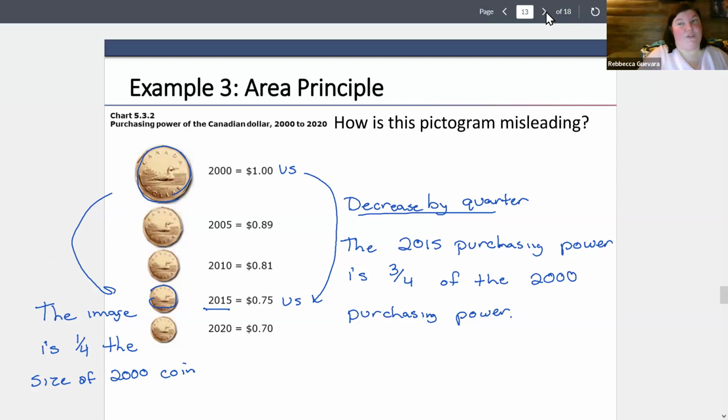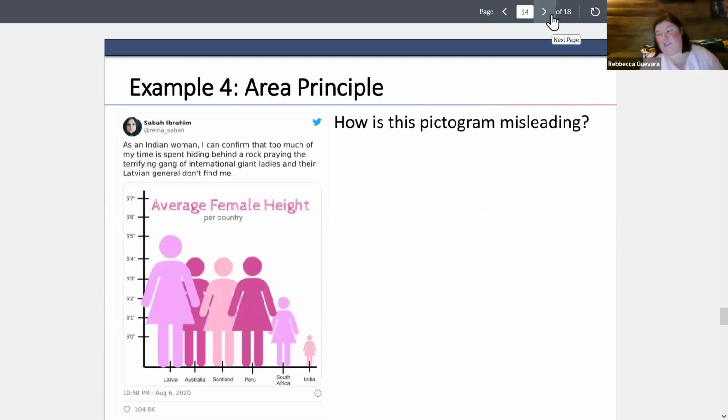And then this was a really fun one. I found somebody had made a Twitter post about this. This was a graph showing the average height of women. There's actually two things wrong with this image. I don't know if you noticed right away. One is the pictographs. We got a person here, and we want to show somebody is bigger, but they've increased by both dimensions. They're taller and wider now, so we made them much bigger.